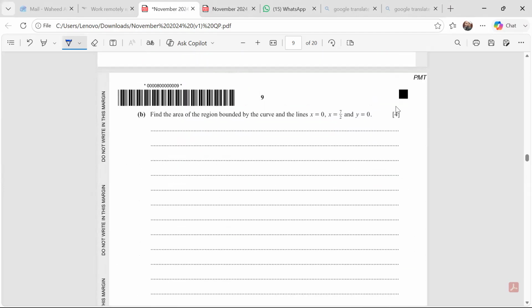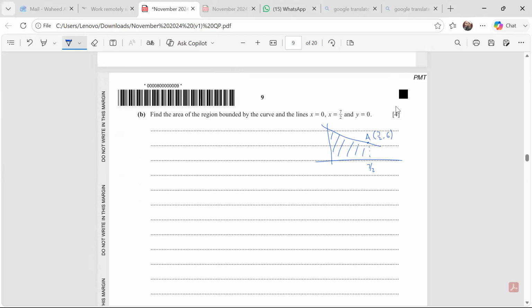Now let's move to part B. Let me state it quickly here. We have this curve, and the coordinates of the point are 7/2 and 6. We have to find this area.